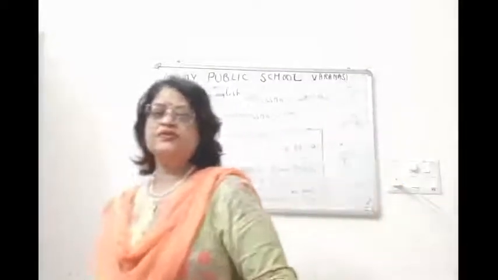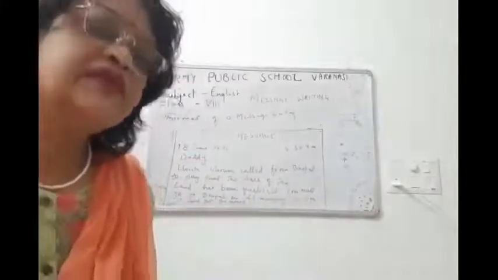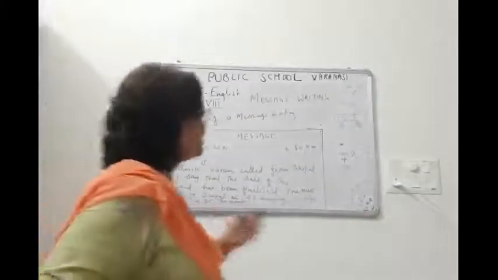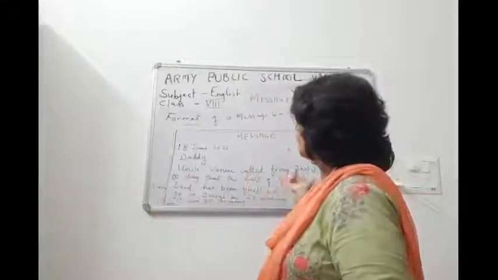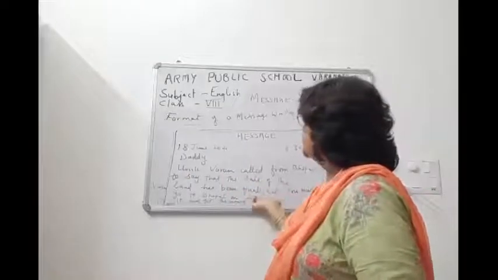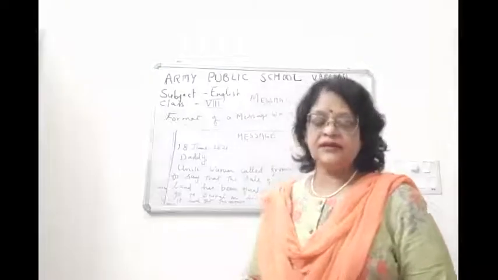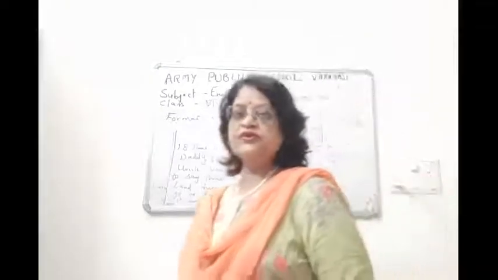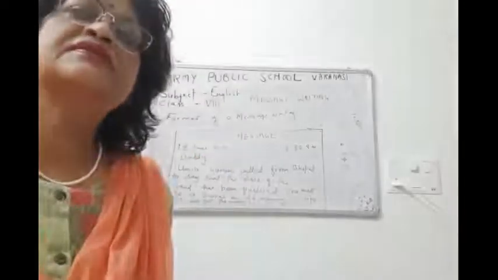Okay, so now children, I know you know that here Uncle Varun called from Bhopal to say that the sale of the land has been finalized. You must go to Bhopal on 23rd morning to sign it and get the money. Okay, so children, you can see how I have written the message.